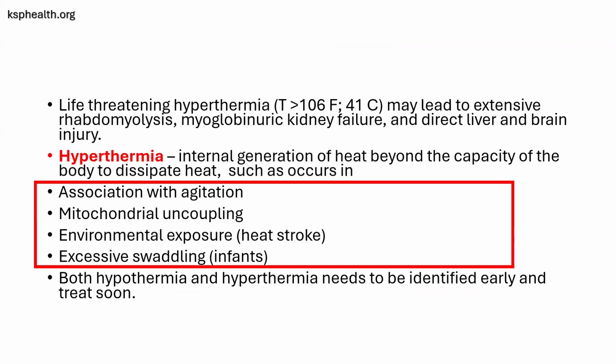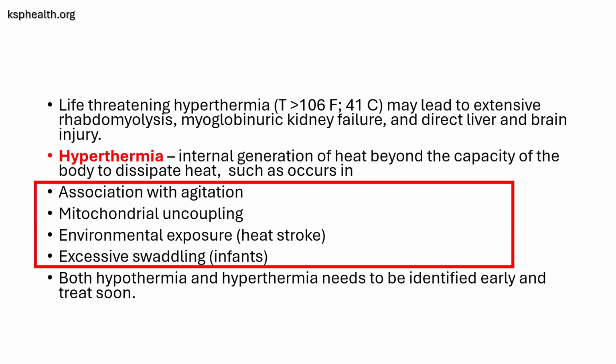It leads to extensive rhabdomyolysis, myoclonus, kidney failure, and direct liver and brain injury. So avoiding hyperthermia in that range is very crucial, and also look for rhabdo or acute kidney injury or liver and brain injury at that point.